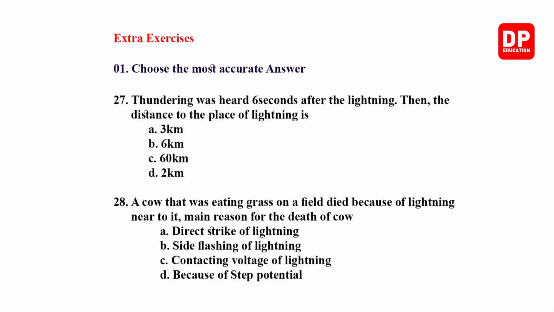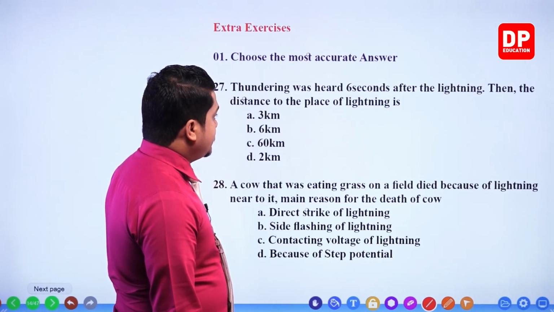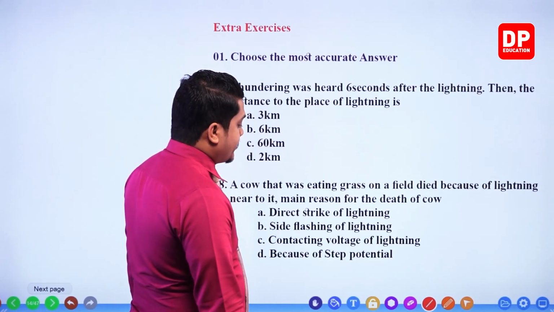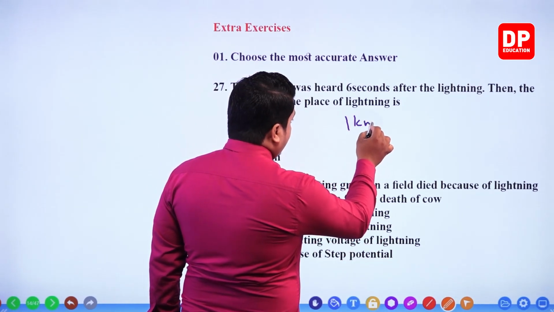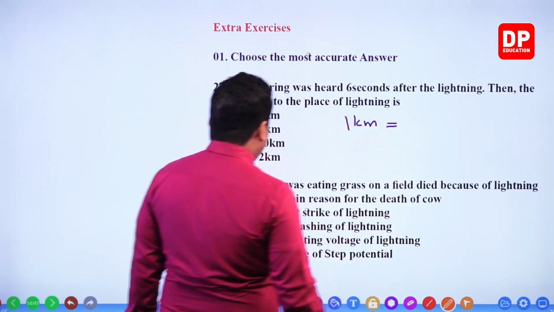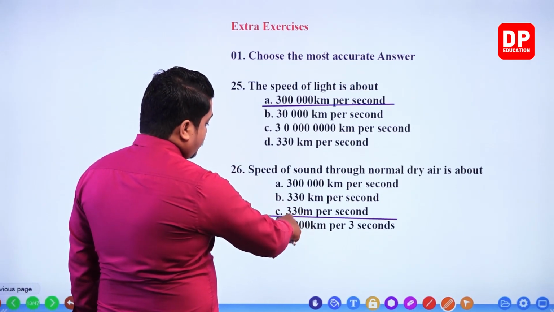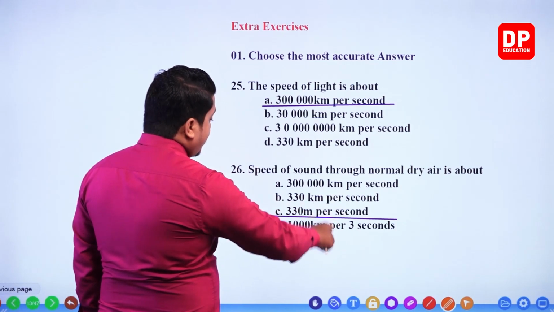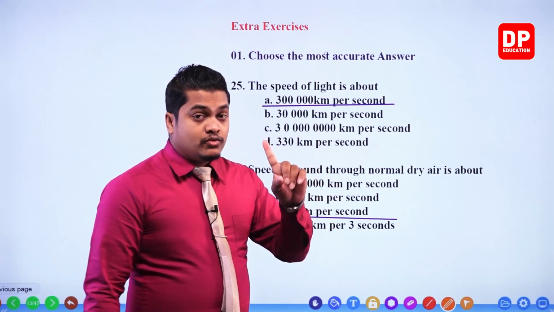Next one, question number 27. Thundering was heard 6 seconds after the lightning. Then the distance to the place of lightning is, very simple my dear children. In the previous question it was given, can you remember, not 1000 kilometers, I told you it takes around 3 seconds to travel 1000 meters.